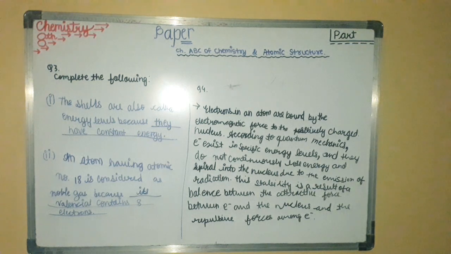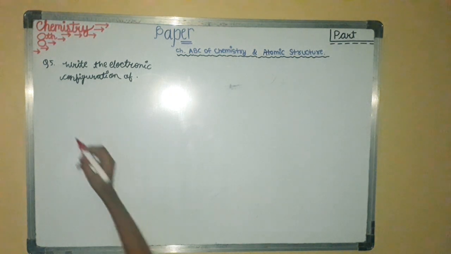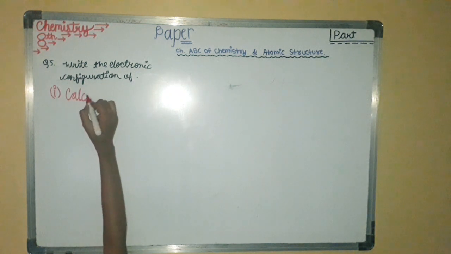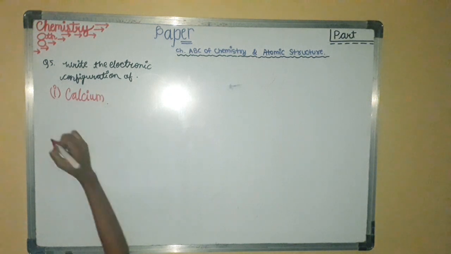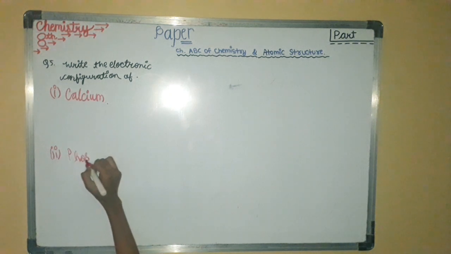Fifth question is, write the electronic configuration of: first is calcium and second is phosphorus.